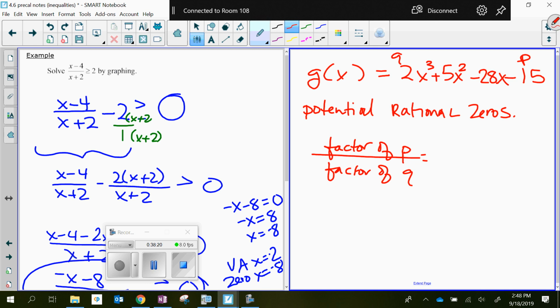what are they? Plus and minus. Give me one, Josie. 15. Give me another one, Melissa. 15 over 2. Give me another one, Julia. Or another 2, rather. Plus or minus. Oh, we're putting them together already. Okay, so 5.